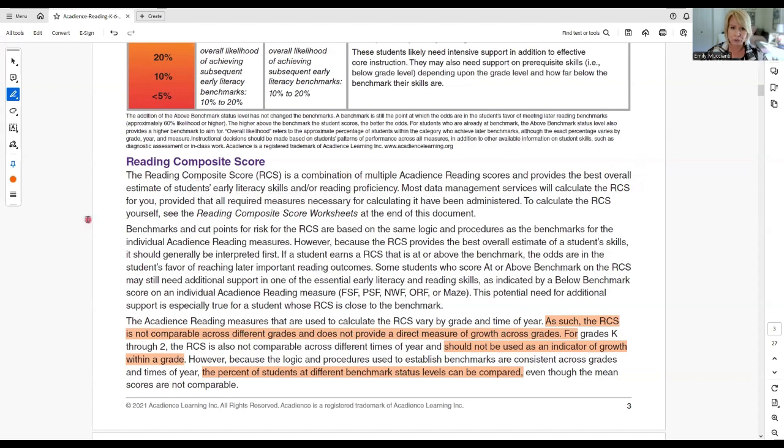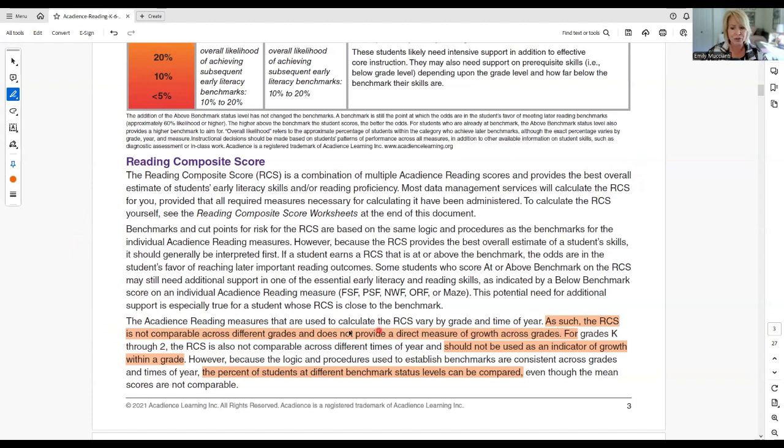And it goes on, you can pause this video and read it, but I want to highlight a couple of points that it says. If you come down here where I highlighted, the Acadience reading measures that are used to calculate the reading composite score vary by grade and time of year.